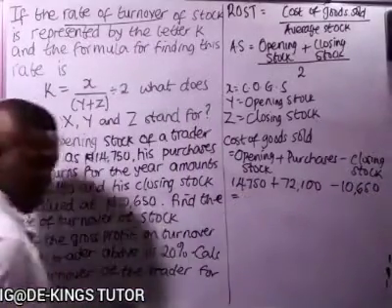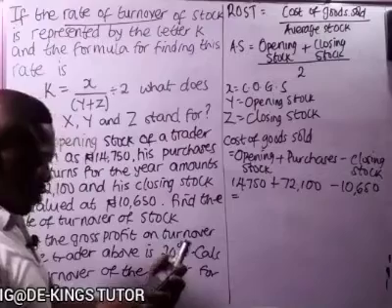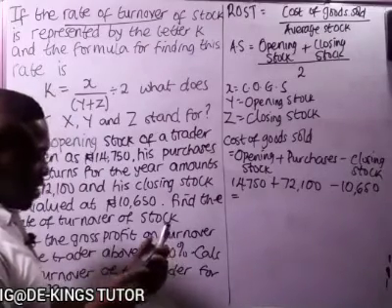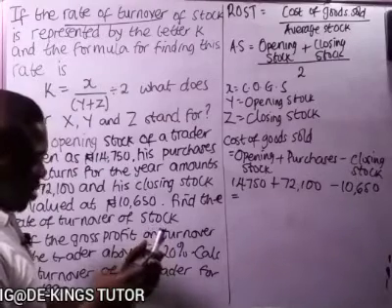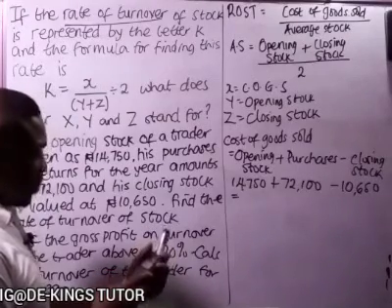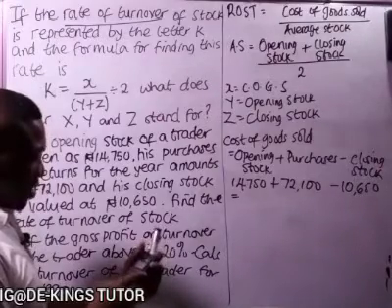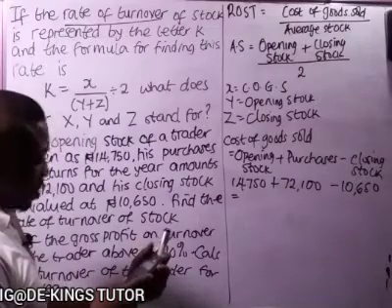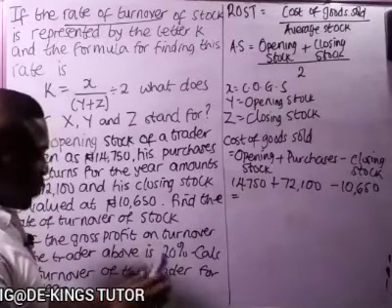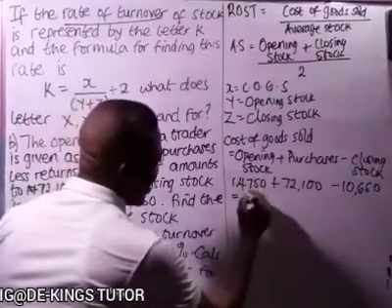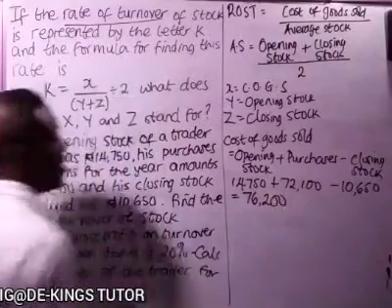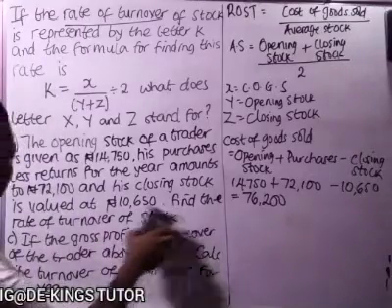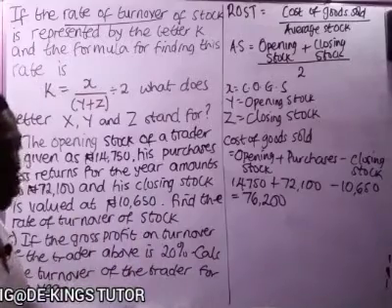So if we do that, we have 14,750 plus 72,100 naira minus 10,650. So we have 76,200. Now this 76,200 is the cost of goods sold.